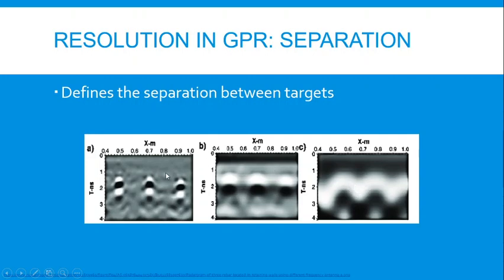So different frequencies for the same depth of investigation and the same targets give different resolutions. For example, this is for 1 gigahertz, this is for 700 megahertz, and this is for 500 megahertz.